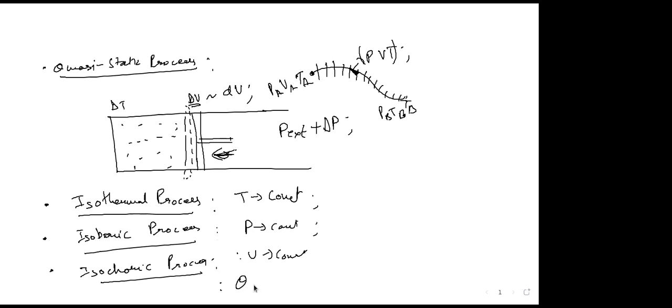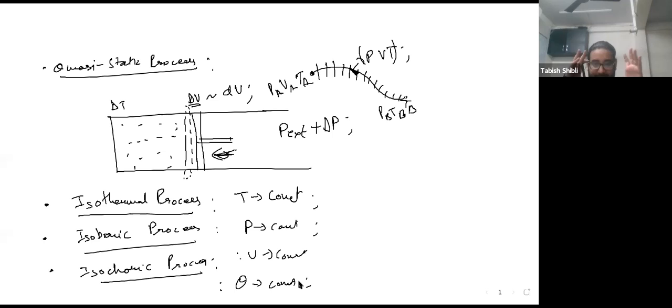Is there some other thing that I can keep constant? Well, Q. What if I keep my heat as constant? In the sense, I insulate it with an adiabatic wall, so that no heat is being transferred. But the pressure is changing, and hence the volume is changing, and the temperature is also changing. All three things are changing, but in a way such that the energy is not changing.